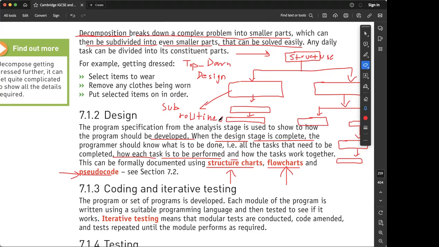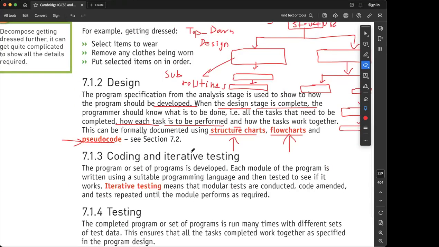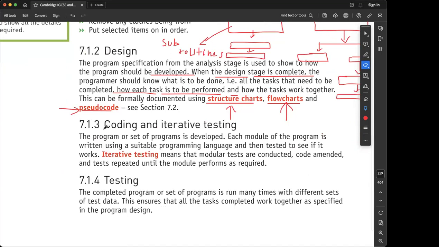Okay, what is the next phase we have? We have coding and iterative testing. So the program or set of programs is developed. Each module of the program is written using a suitable programming language.